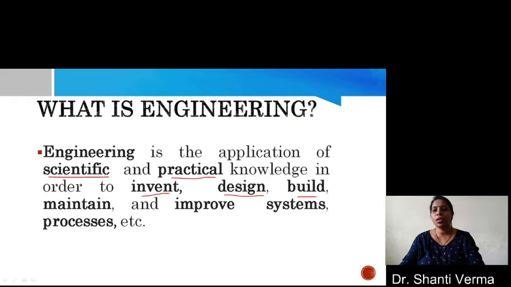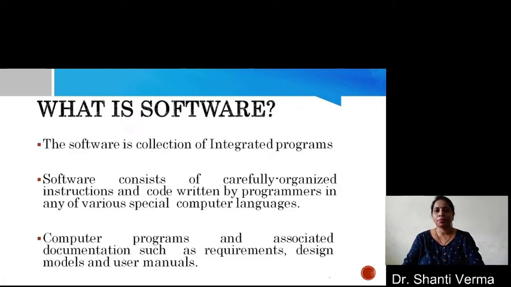You have to build a system. Similarly, you have to maintain a system. It might also be possible to improve the system processes, etc. These are the different parts of the engineering.